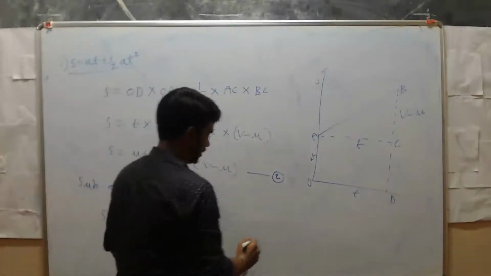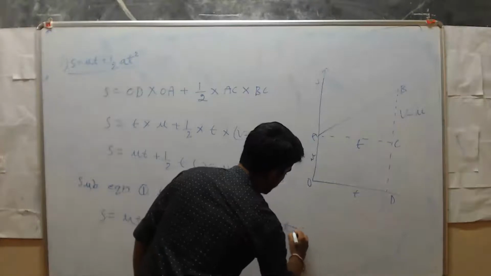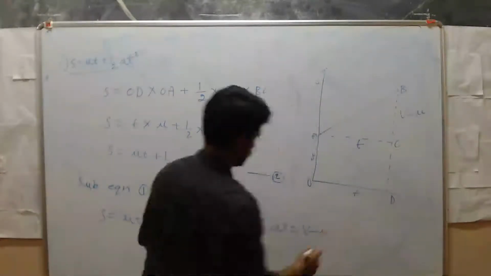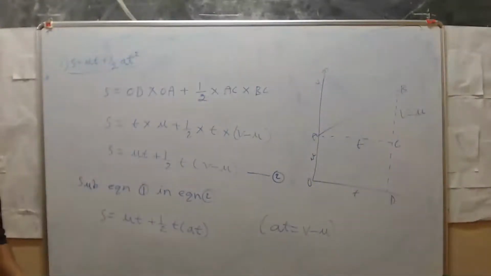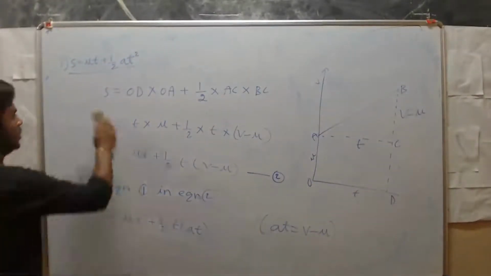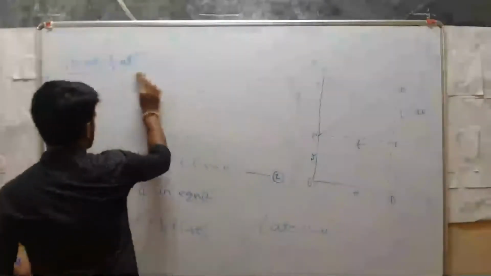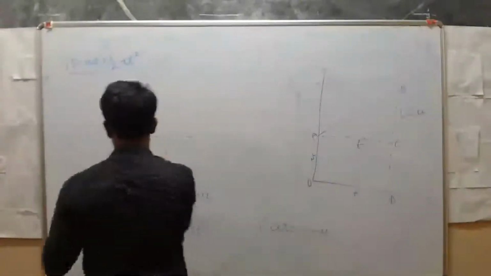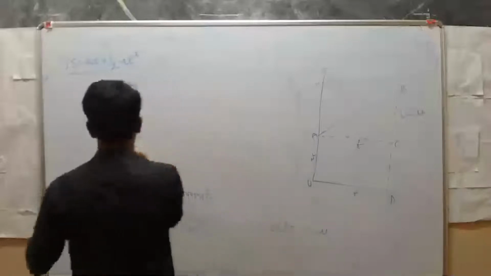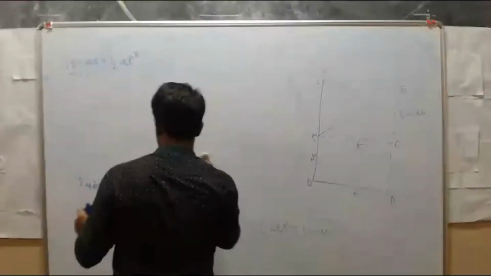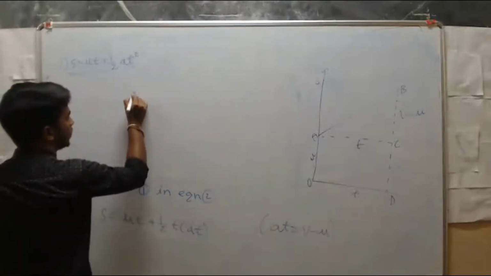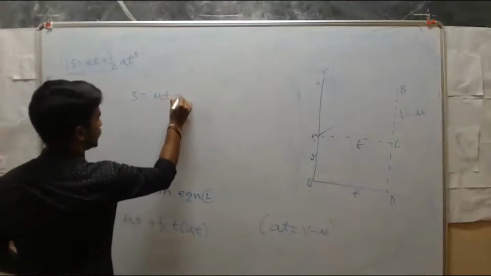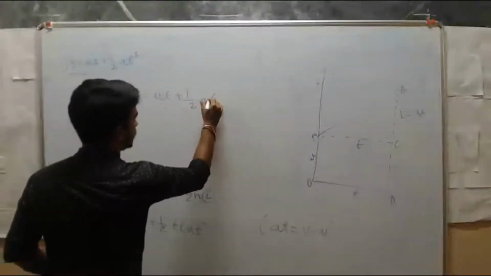In the bracket here, AT equals V minus U. So finally, we can write this step as S equals UT plus half AT square.